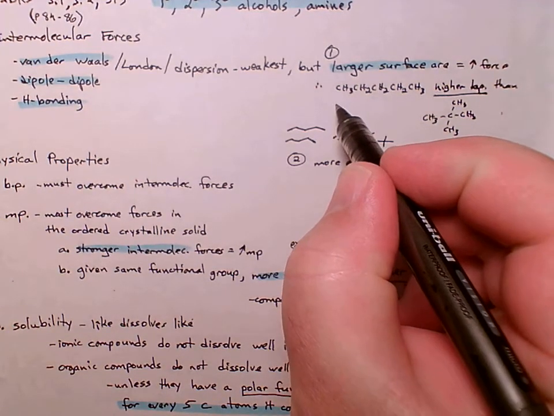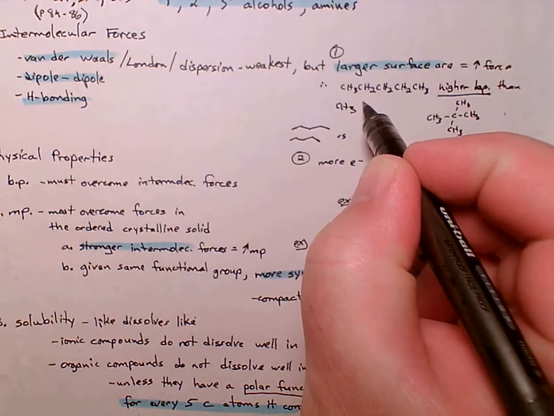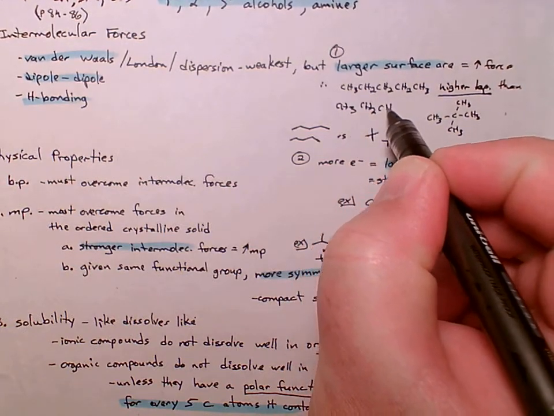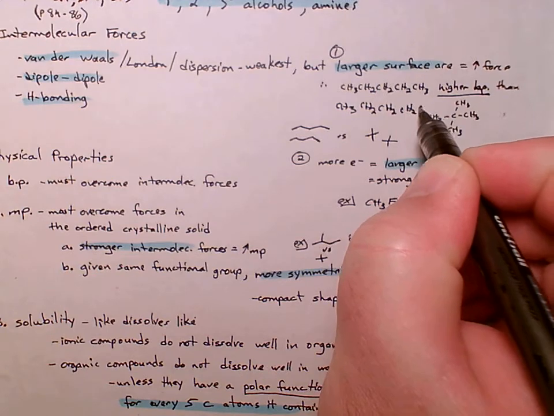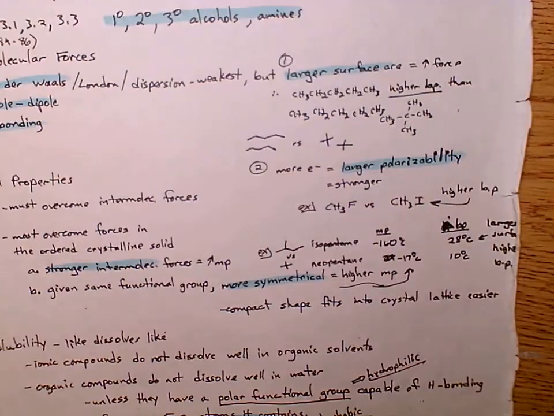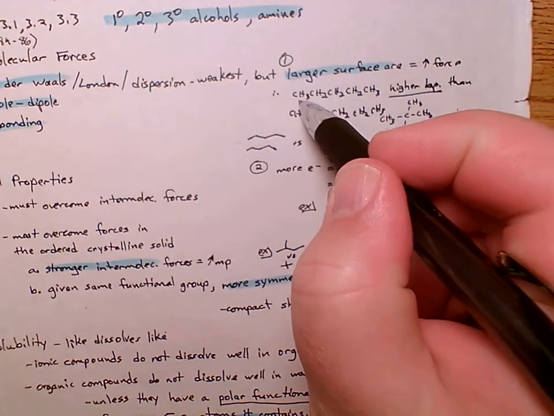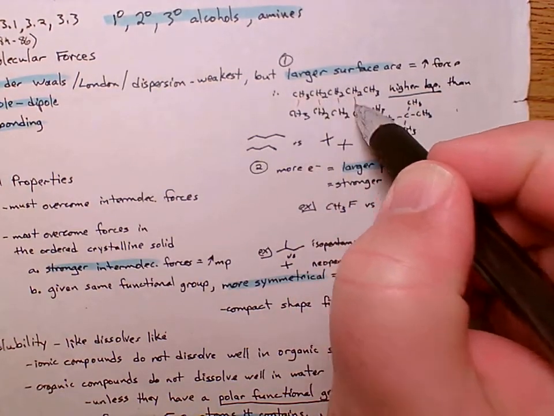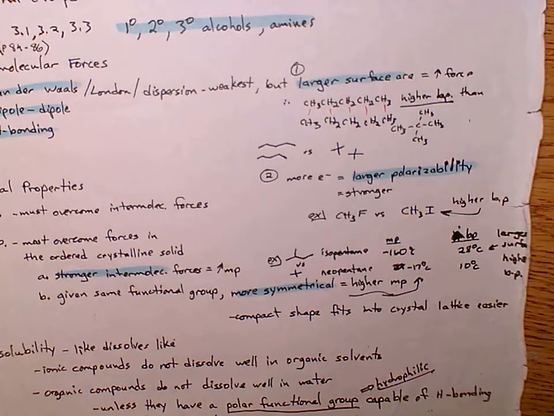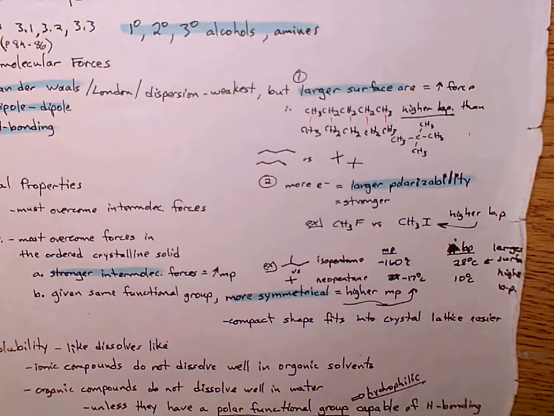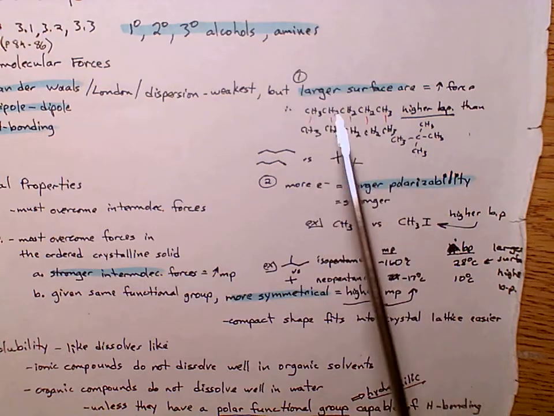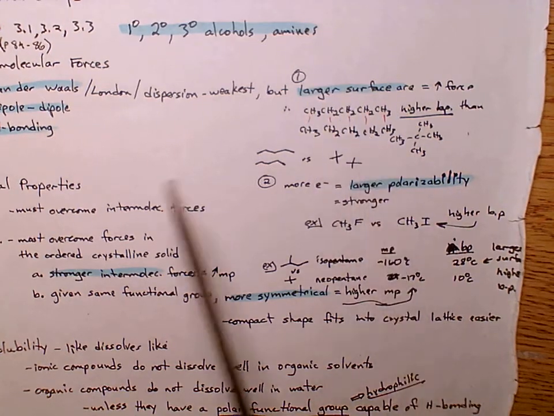If we say, okay, we line another one, CH3, CH2, CH2, CH2, CH3, like this, we will find that we've got all sorts of places for van der Waals forces to occur, to attract these two molecules to each other. And because of that, there's a stronger intermolecular force between these two molecules.